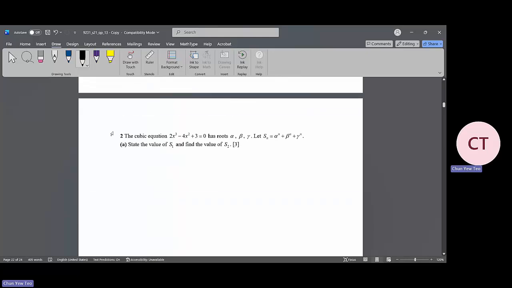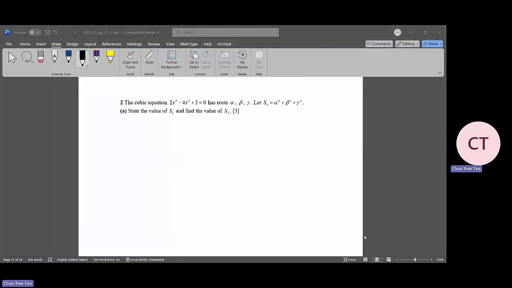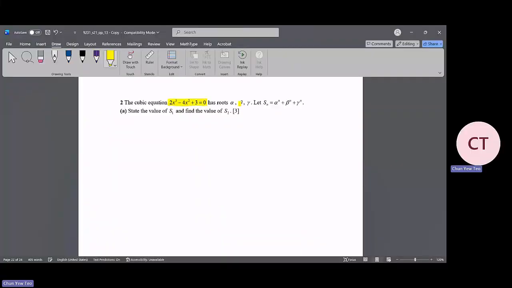Now we move on to question number 2. A cubic equation has roots alpha, beta, gamma. They say let alpha to the power n plus beta to the power n plus gamma to the power n be S_n. We want to find S_1. S_1 is alpha plus beta plus gamma, which is negative of negative 4 divided by 2, which is 2.